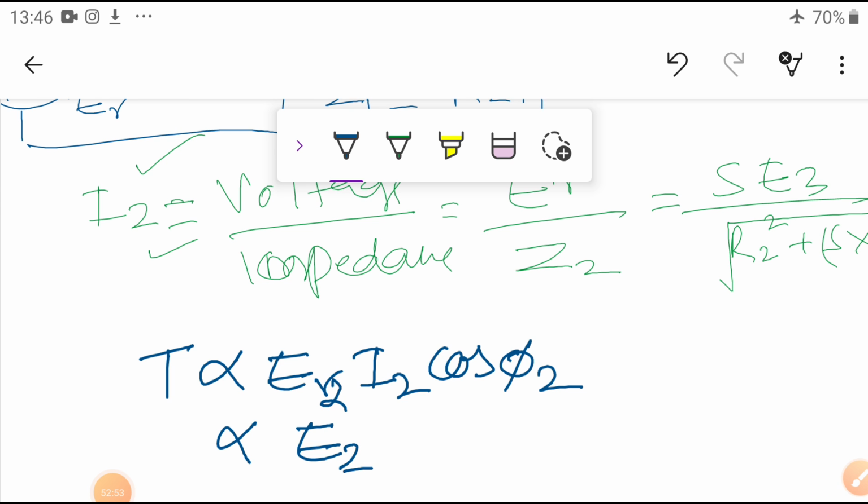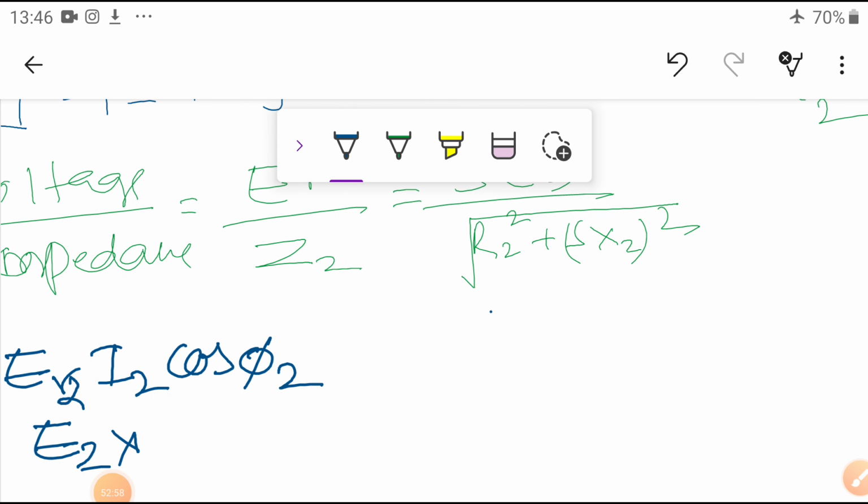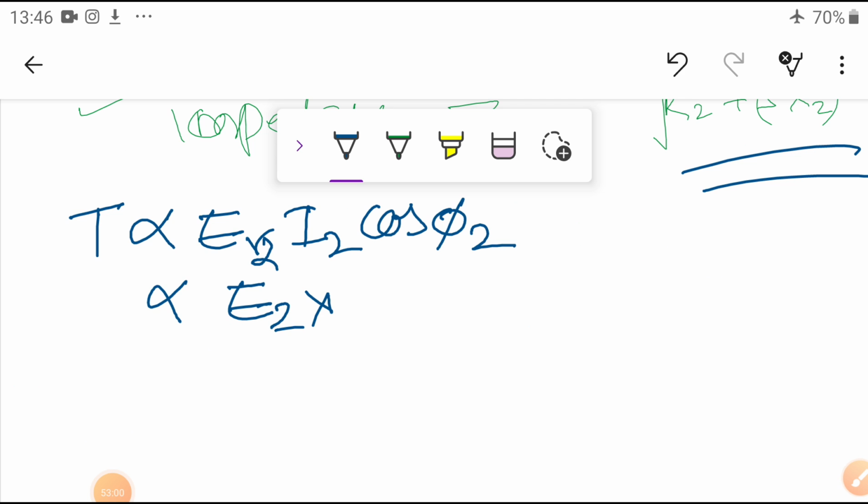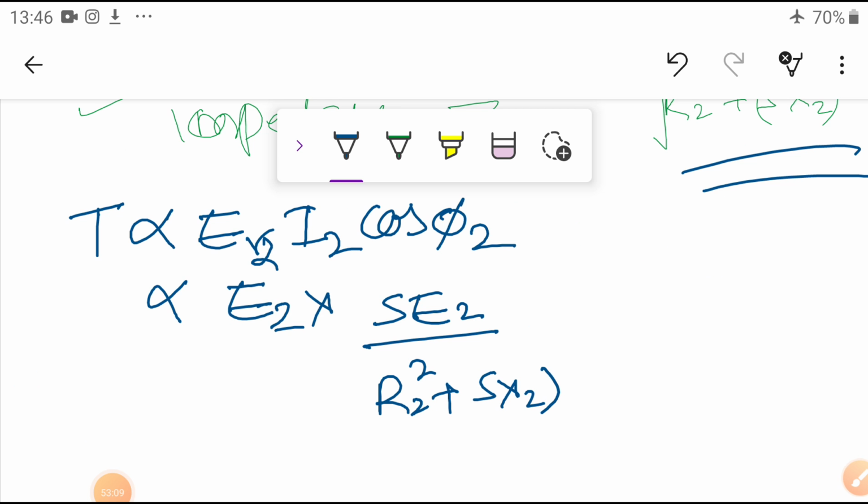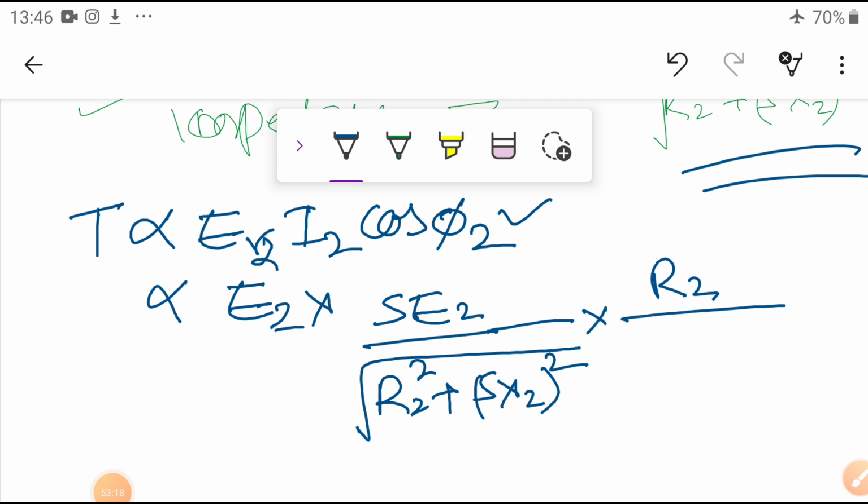I we have got from this equation, so substitute this value. That is S into E2 by the square root of R2 whole square plus Sx2 whole square. Now cos phi 2 is R2 by Z2, and Z is the same, the square root of R2 whole square plus Sx2 whole square.